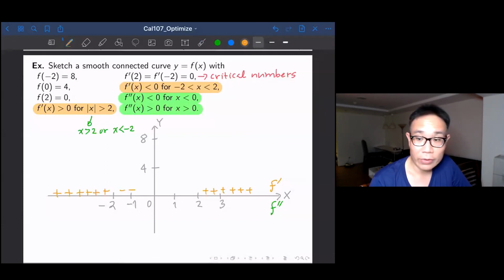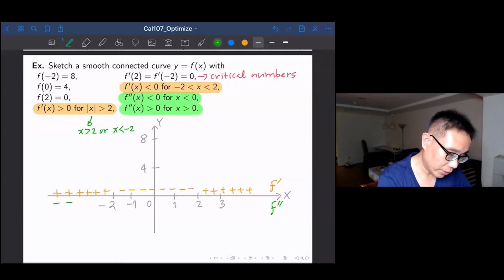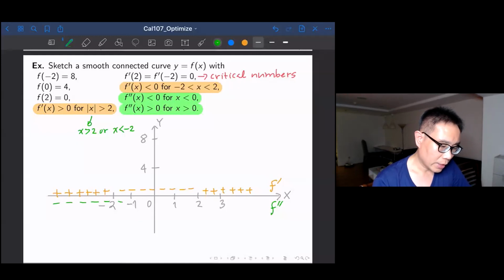So you have negative. And for the second derivative, you see that it's going to be negative when x is negative, so negative for the whole interval here, and positive for x positive.